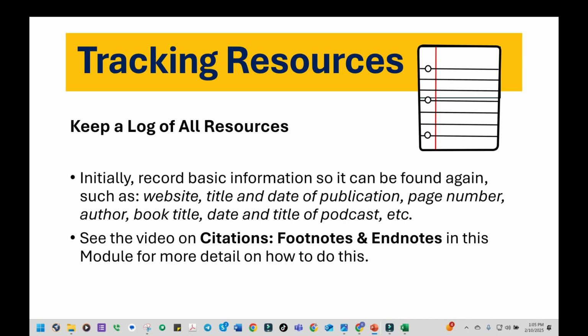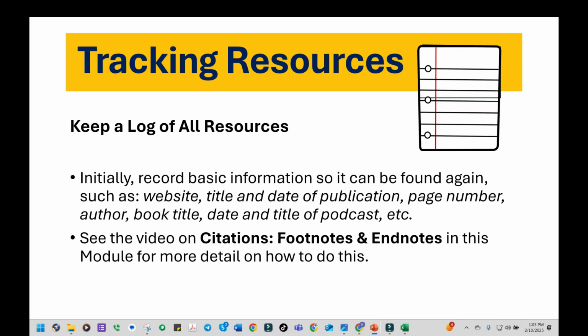Like I said, if you're reading an article or something, the page number where you found it, maybe the author name of that article or the author of a book title, perhaps a date and title of a podcast, so you can find that again, audiobook, so forth, whatever.